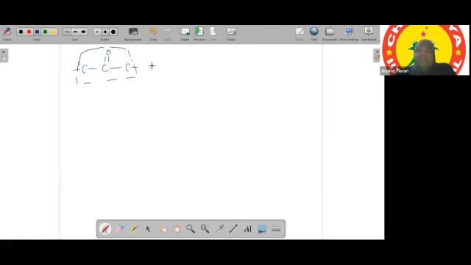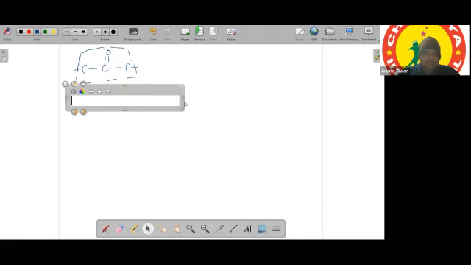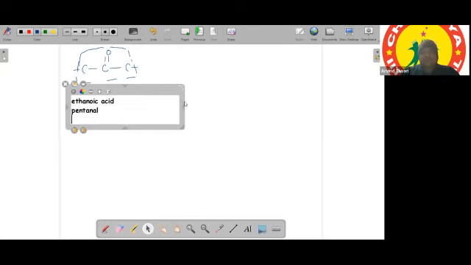Now let's try to draw the structures. I'm giving you some names, and you will be drawing their structures and showing them to me. Ethanoic acid, pentanol.